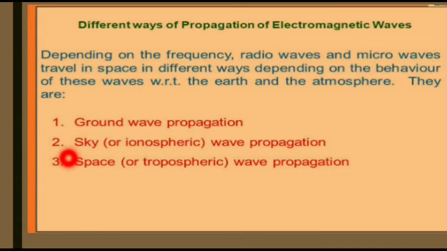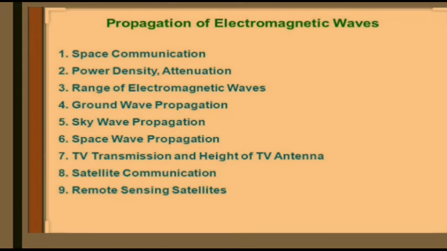The third one is space wave propagation. Propagation is nothing but the signal transfer from one place to another place. Here, three types of propagation: ground wave, sky wave, and space wave propagation, right?